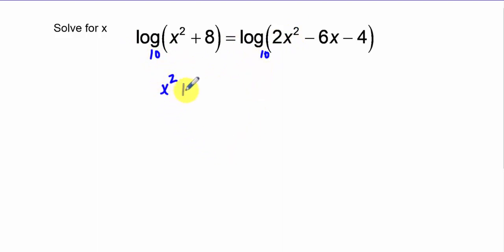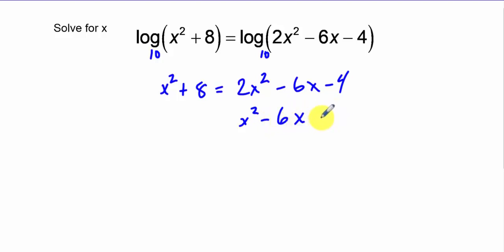Set x squared plus 8 equal to 2x squared minus 6x minus 4. So I get x squared minus 6x minus 12 is equal to 0. So I think I'm going to go ahead and complete the square, which means I'll isolate the variable terms.